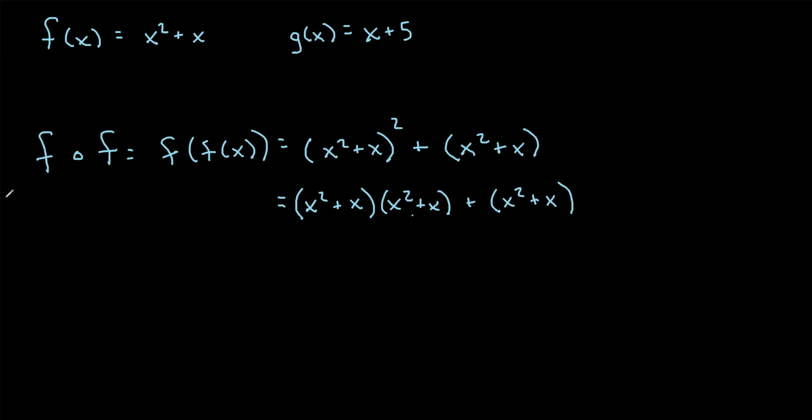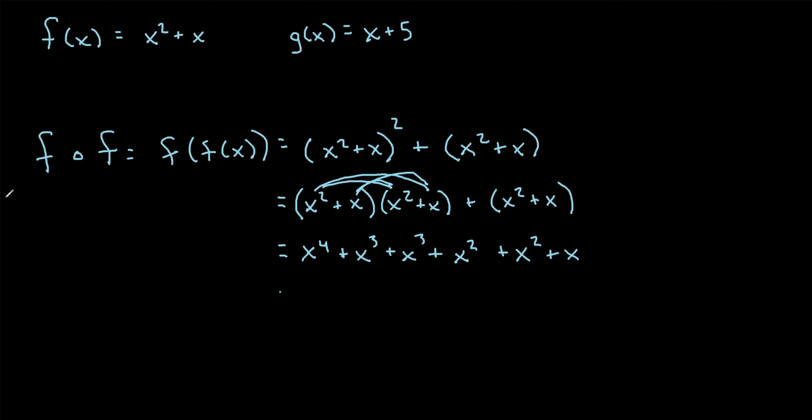So let's go ahead and FOIL these two terms. So we'll get x squared times x squared, that's x to the 4th. X squared times x, that's x to the 3rd. So we'll say plus x to the 3rd. Plus x times x squared, that's x to the 3rd. Plus x times x, that's plus x squared. And then we've still got this plus x squared plus x.